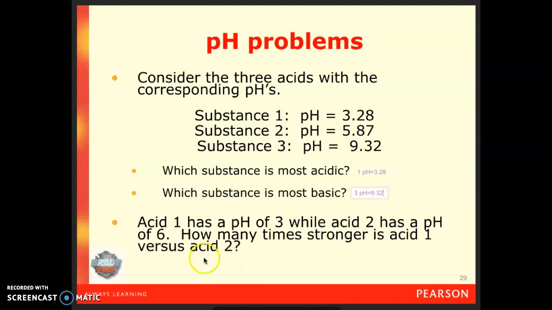So let's build a number line here. I've got pH 3, pH 4, pH 5, and pH 6. Now I know between each of these is a tenfold increase in pH.